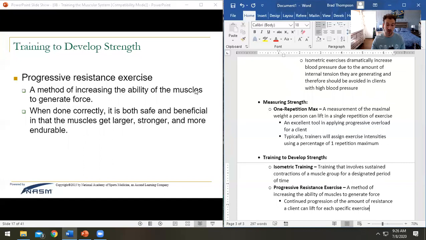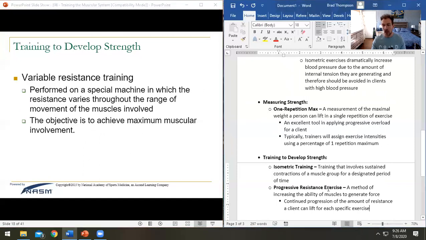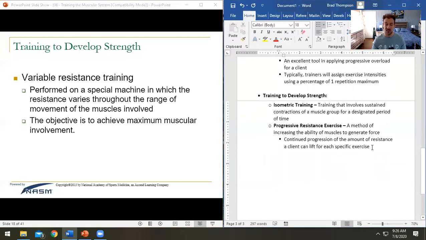We are literally going to make it harder. That makes your muscles larger, it makes them stronger, and obviously it makes them less prone to injury, which is really great. So that's progressive resistance training. We do Monday with a certain amount of weight for this exercise. Next week on Monday, we're going to do the same exercise, but with more weight.